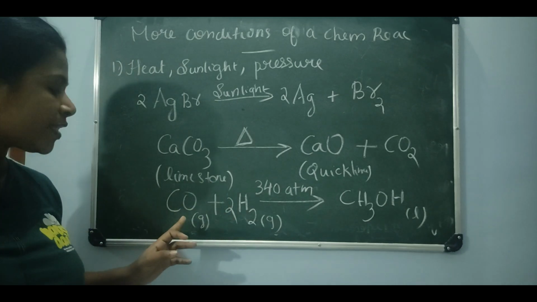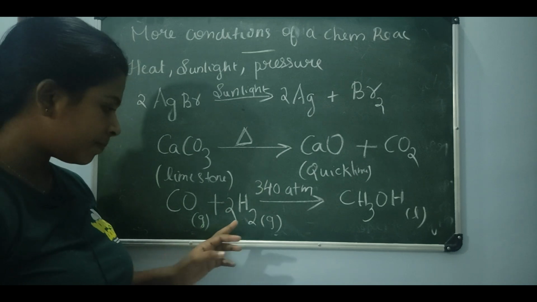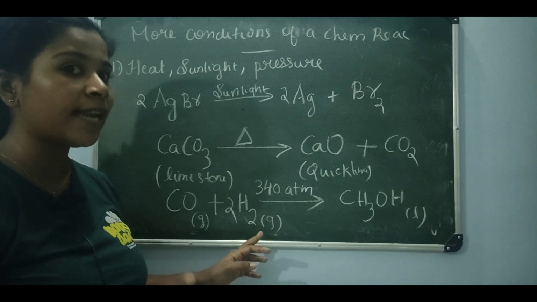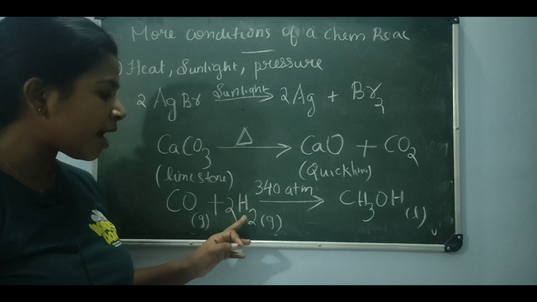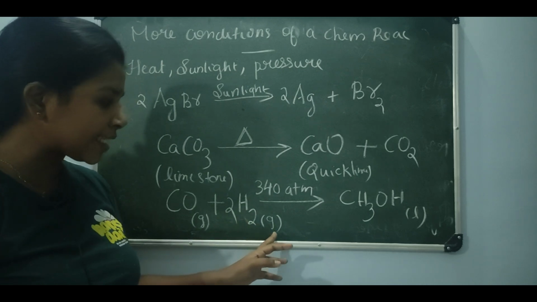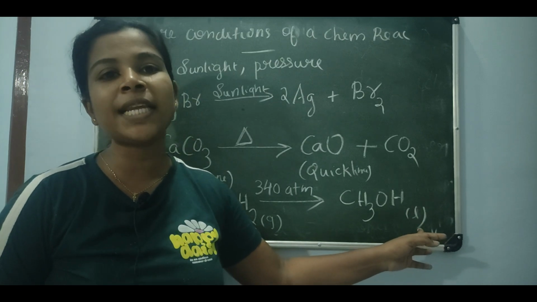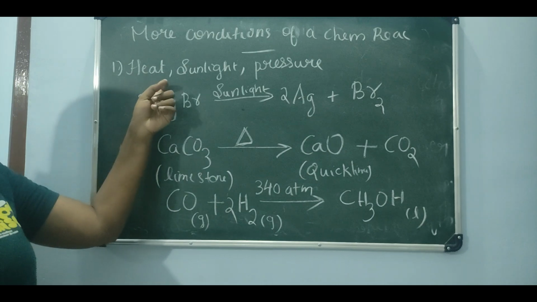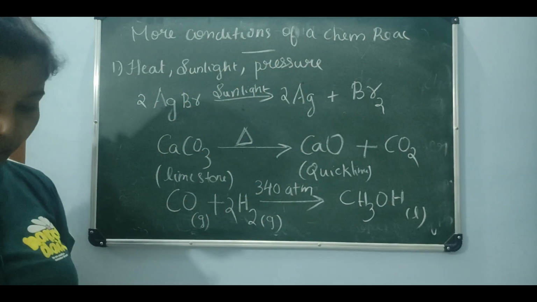The carbon monoxide is in gaseous state, so I am representing it by G. We learned balancing chemical equations, and I taught you the last step: we represent the physical states. Here hydrogen is also a gas, I'm representing it by G. Alcohol is a liquid, so I'm representing it by L. So the first effect is what? Heat, sunlight and pressure. And this is how it is represented.